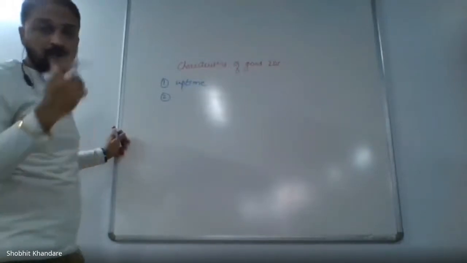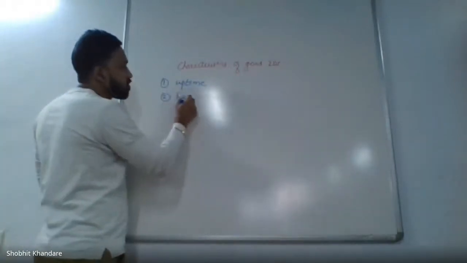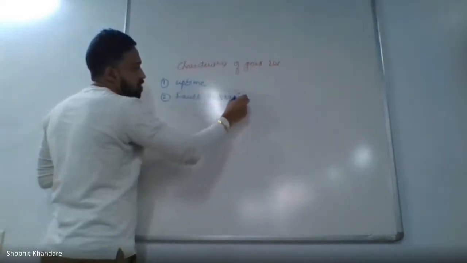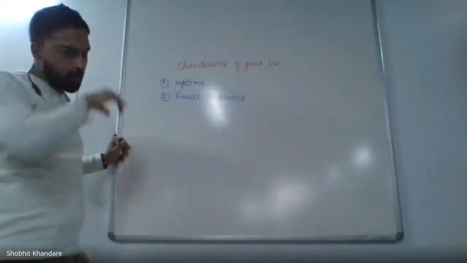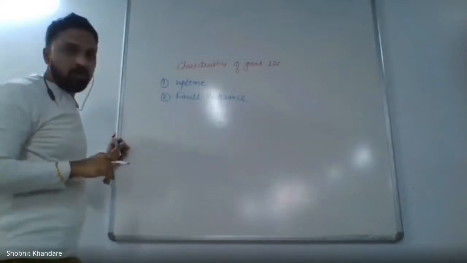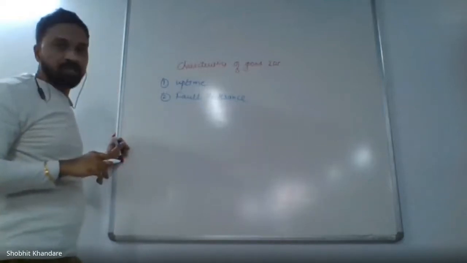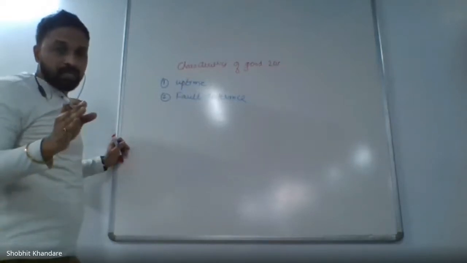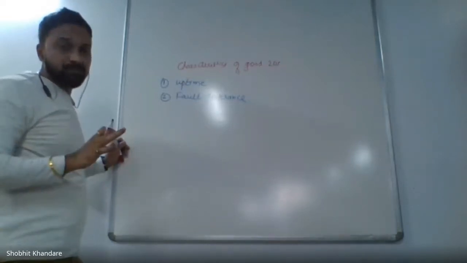The second one is fault tolerance. Fault tolerance means if there is some fault in your IDS system, that should be tolerated.